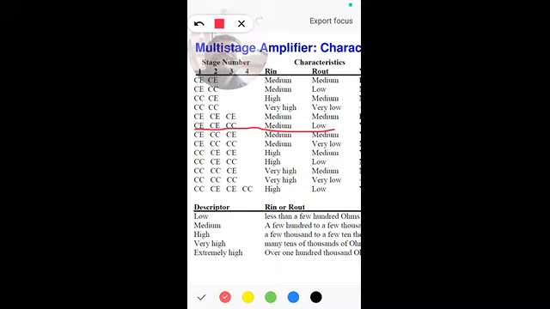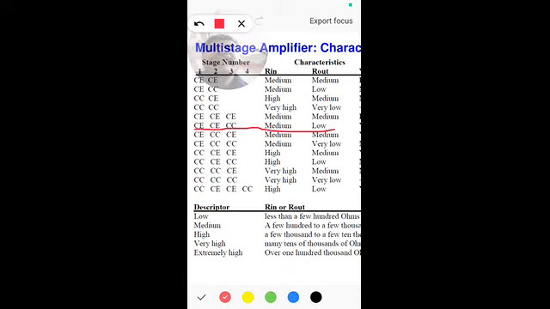and coming to the output impedance with CC, it becomes low, because a medium voltage we are getting in the second stage, so the output impedance of the first two stages is medium, but the output impedance of the last stage is very low.